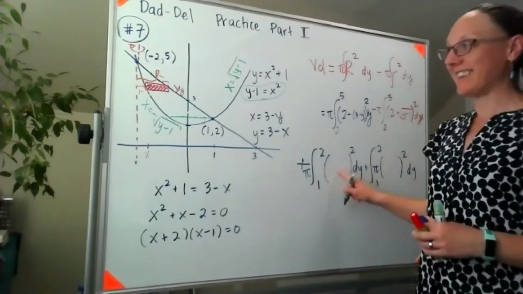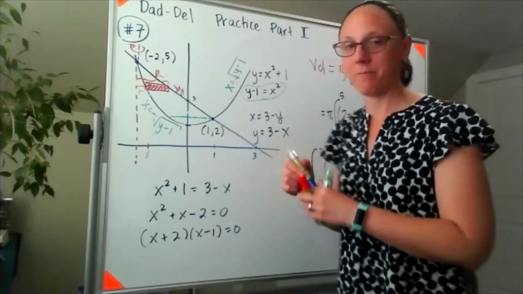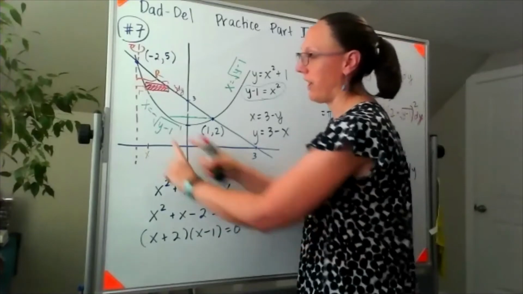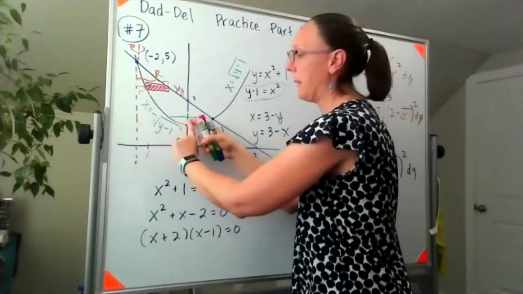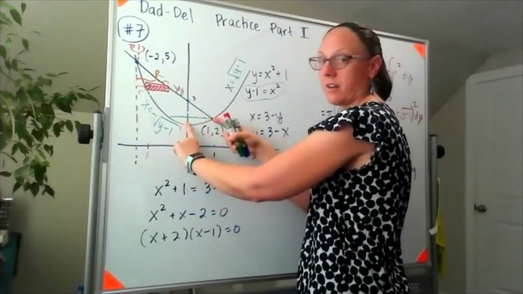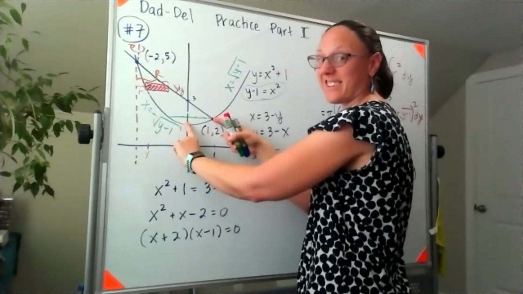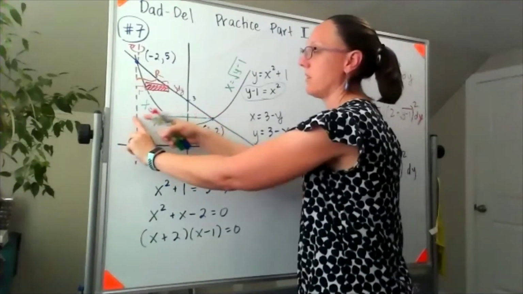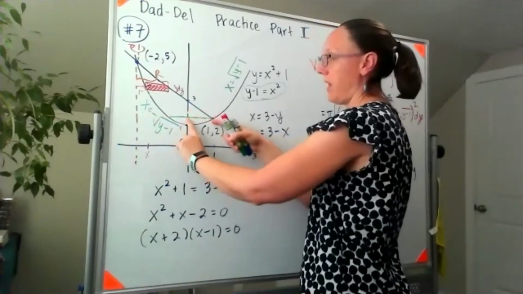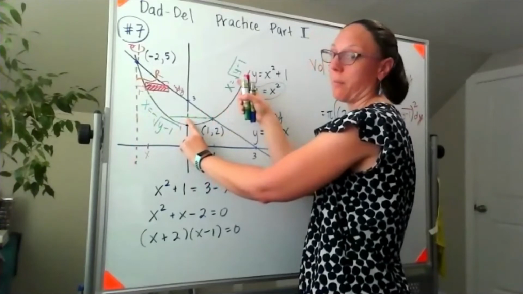So for this outside radius, now I'm looking at this whole distance of 2 plus additional x distance. So this outer radius becomes 2 plus the square root of y minus 1.